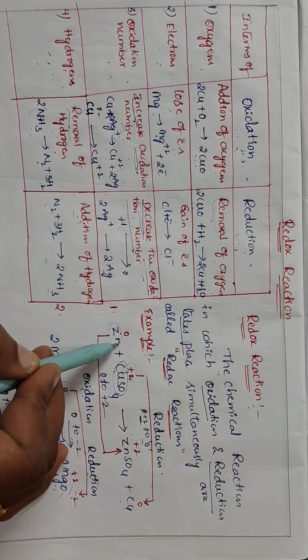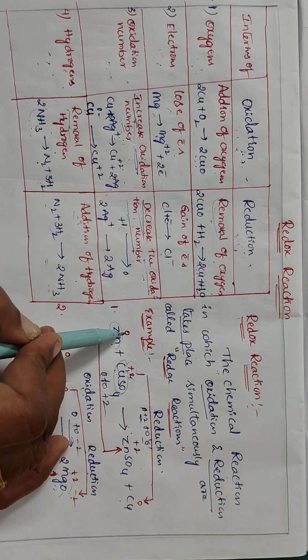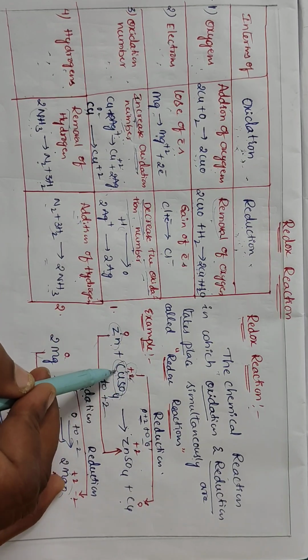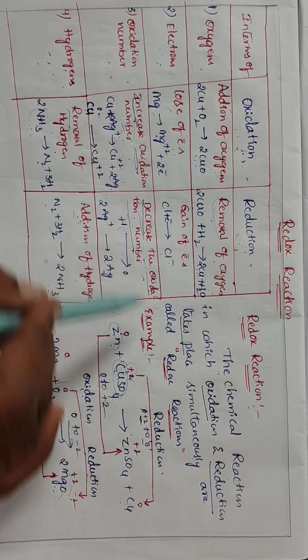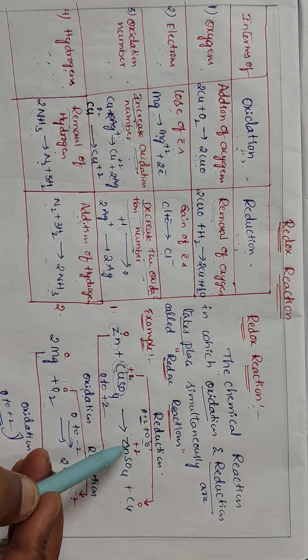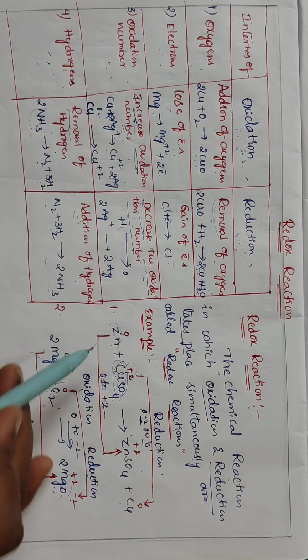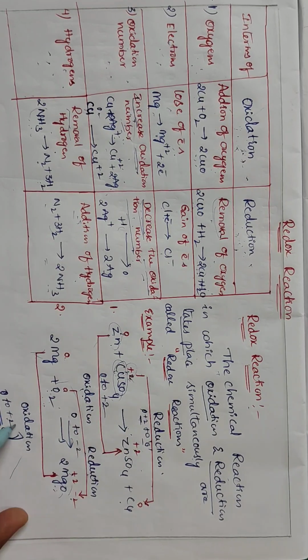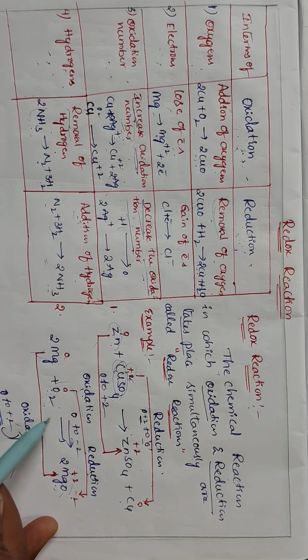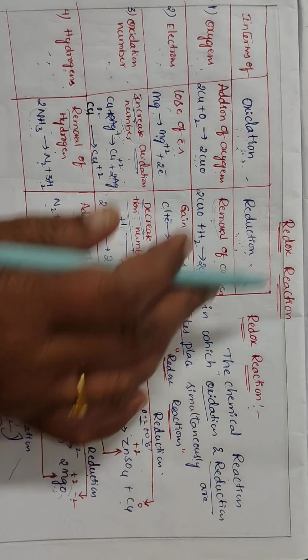In the elementary state, all elements have 0 oxidation number. And in this compound, the oxidation number of copper is +2. So, like that, I explained oxidation and reduction based on oxidation number. Reactions in which oxidation and reduction take place simultaneously are called redox reactions.